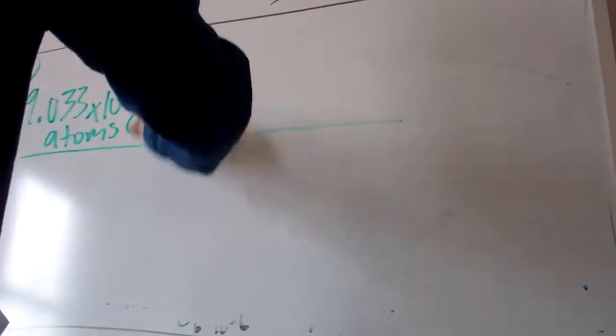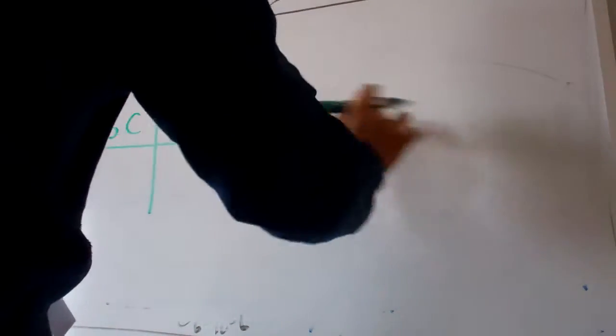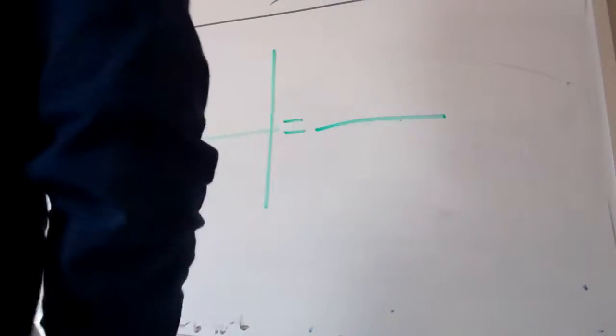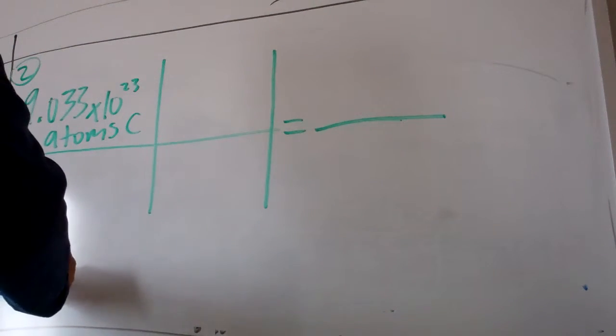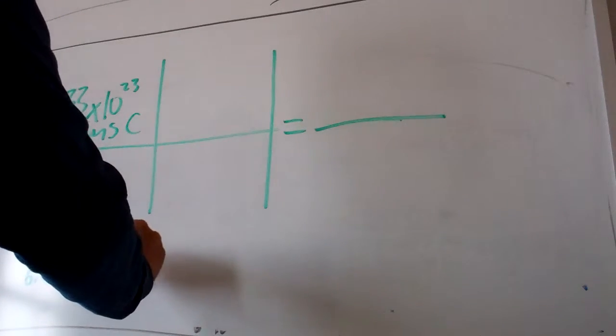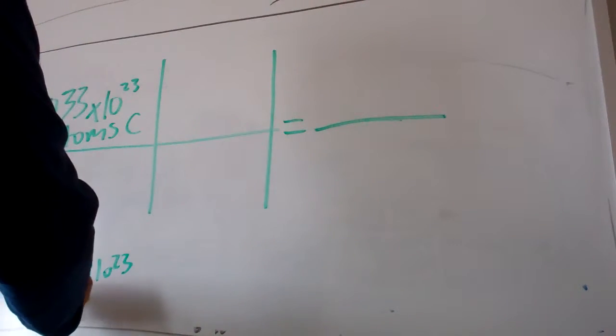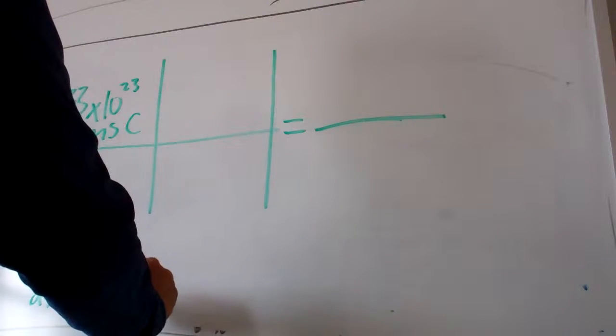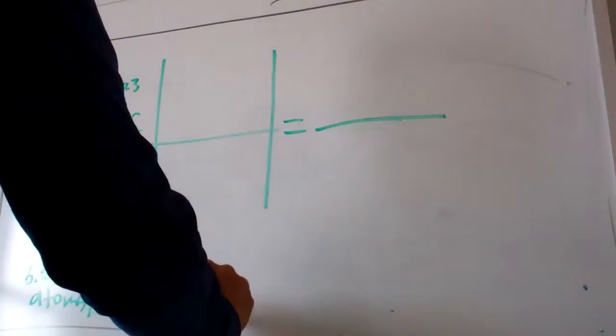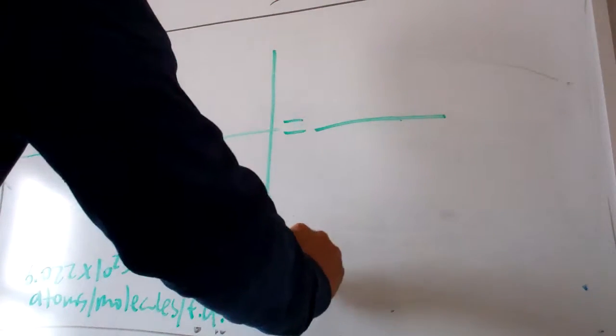Now here it is, folks. Really, with these problems, we're going to have 2 conversion factors at all times. You're going to have the ones where it says 6.022 times 10 to the 23rd atoms, molecules, formula units is equal to 1 mole.